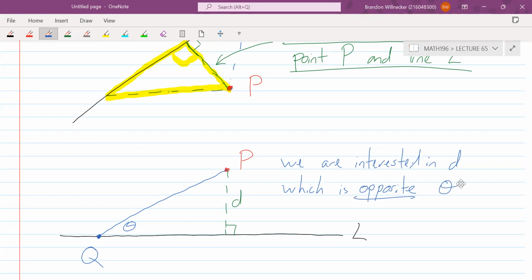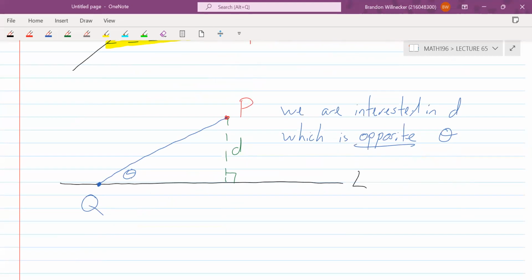Okay, now since it's opposite theta, we know that we can use one of our trig ratios. Okay, if it's opposite, we know that that's going to involve sine. So sine of theta is going to be the opposite, D, over the hypotenuse, which is QP.